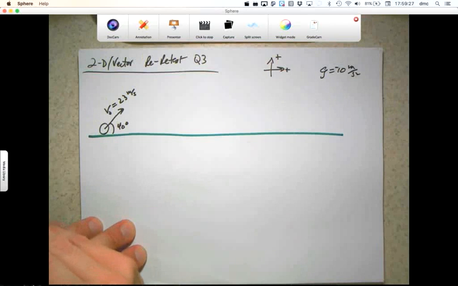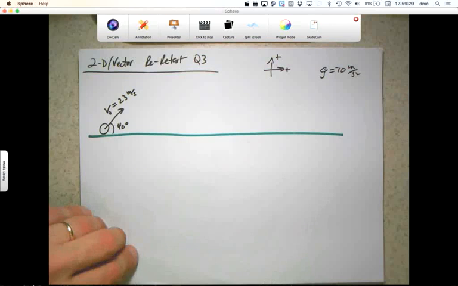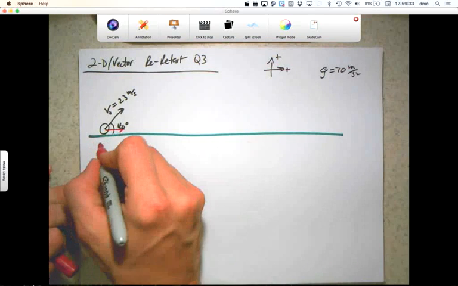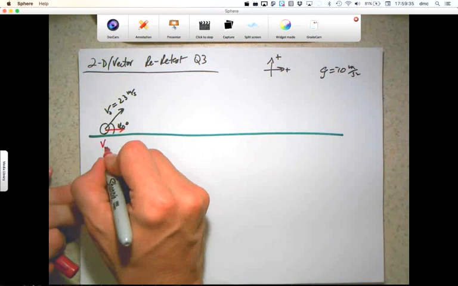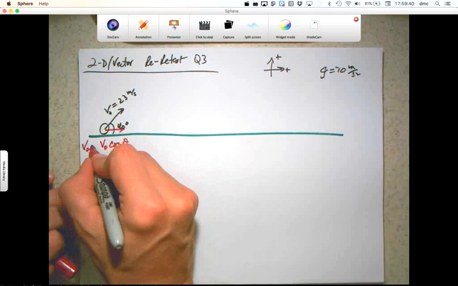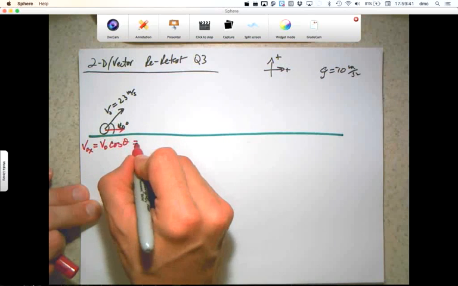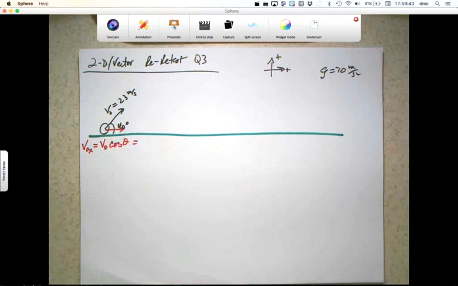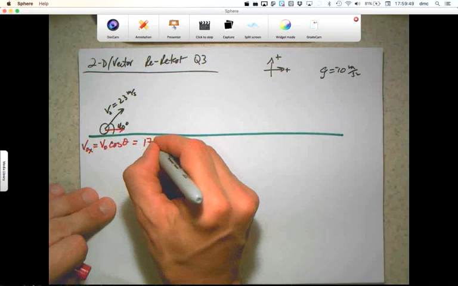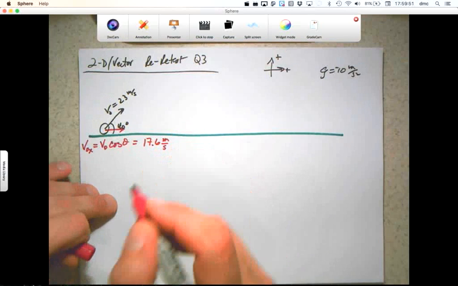The initial horizontal velocity is going to be this component, v0 cosine theta, which is 23 times the cosine of 40, which is 17.6 meters per second.